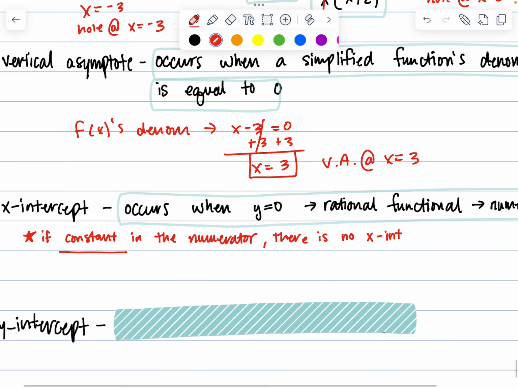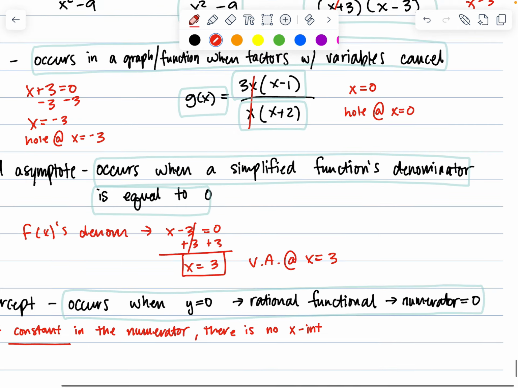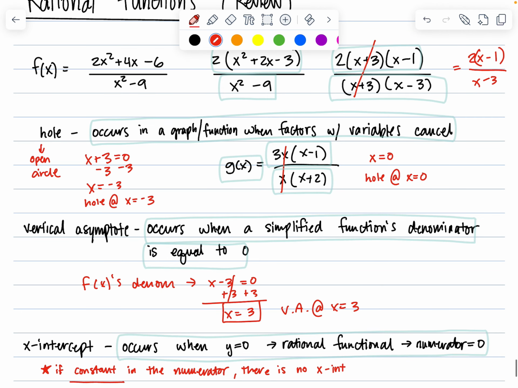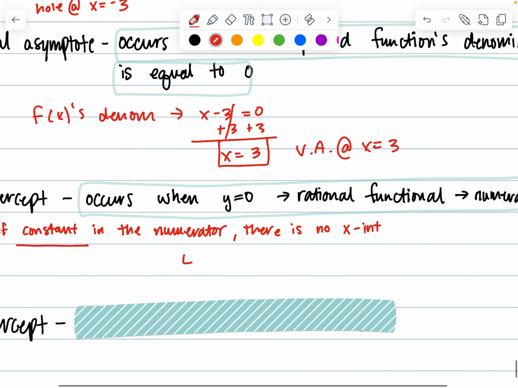If there's something like x minus 1, technically those could have one, and we'll talk about it a little bit. But in this particular case, we have 2 times x minus 1 in our numerator.